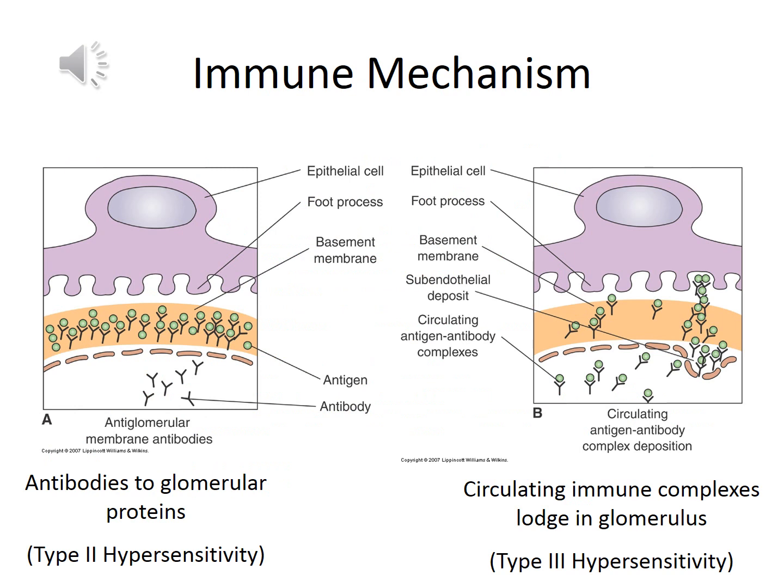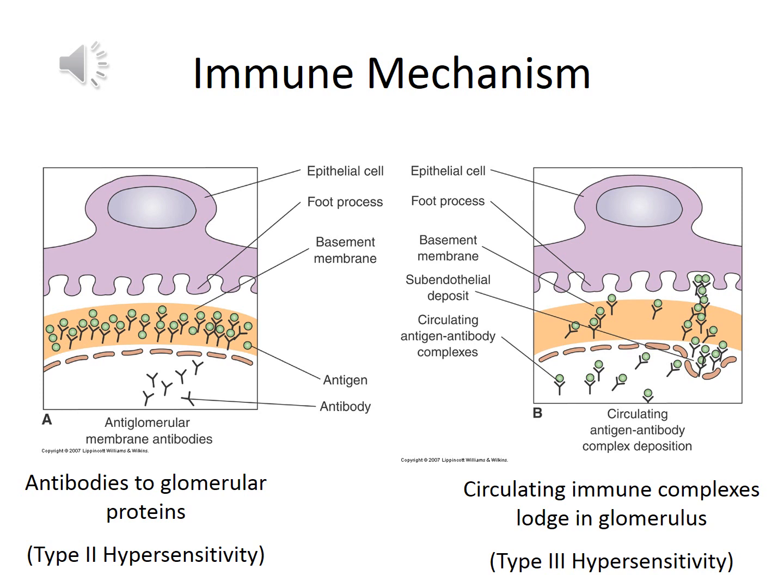So here are a couple of examples of the immune mechanism, a couple different pathways, I should say, to glomerulonephritis. One is a type 2 hypersensitivity, which essentially is an antibody reacting to the antigens in the basement membrane. So this perhaps would be our streptococcus antibody reacting to the antigens that we find in the basement membrane.